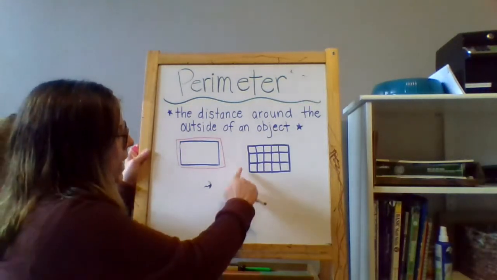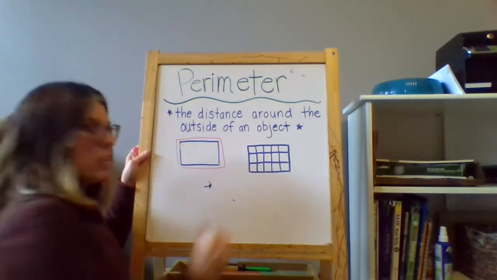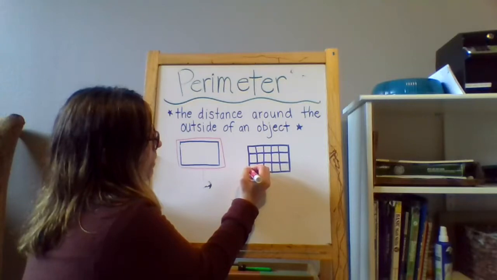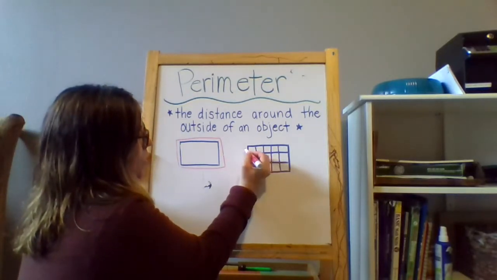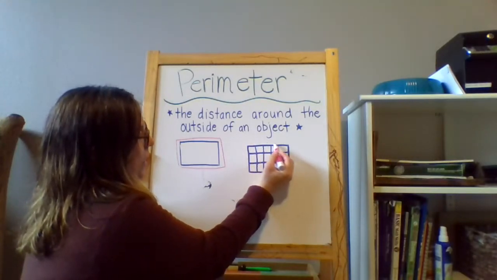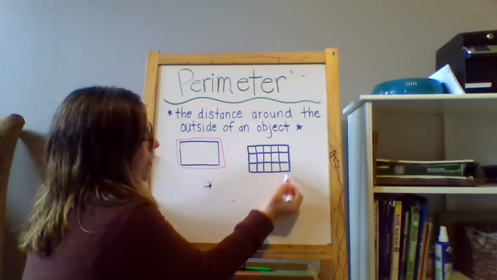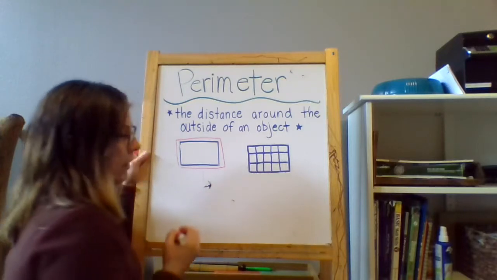So let's count the perimeter around the edge of the shape. Ready? So 1 unit, and again I like to put little marks so I know where I've been. 1, 2, 3, 4, 5, 6, 7, 8, 9, 10, 11, 12, 13, 14, 15, 16.